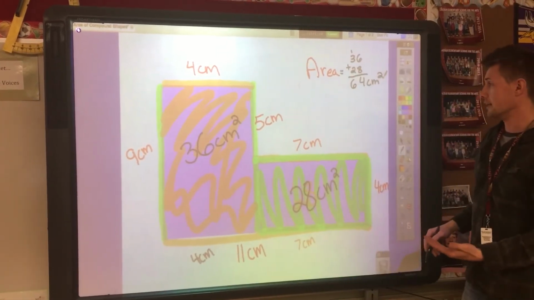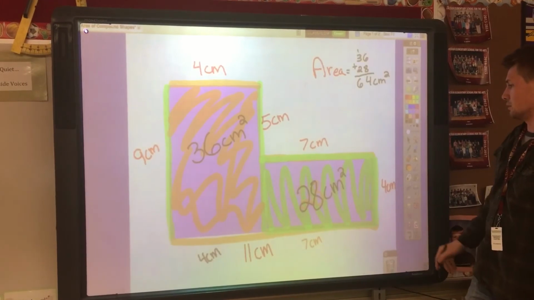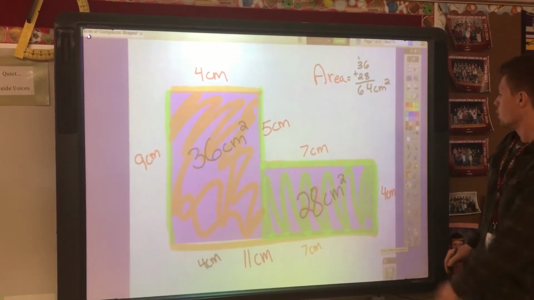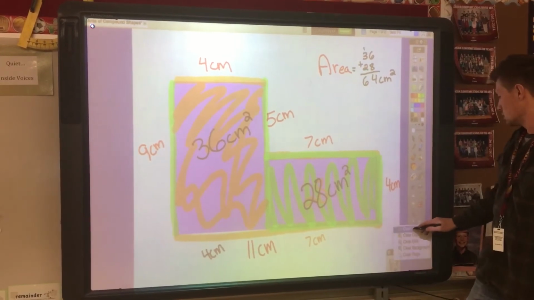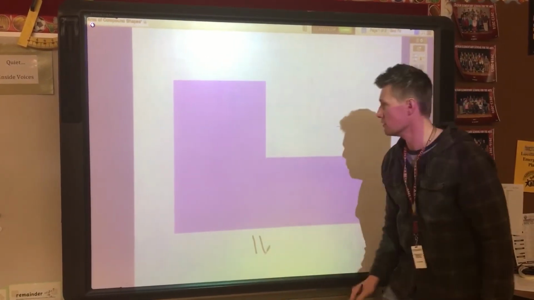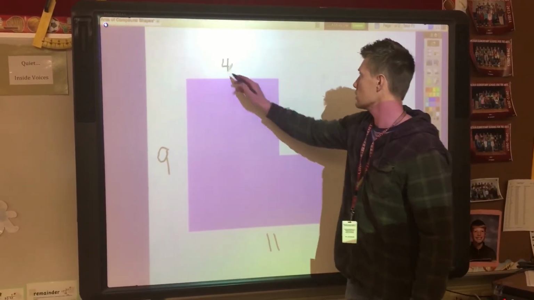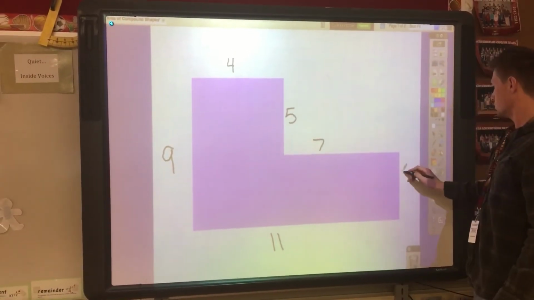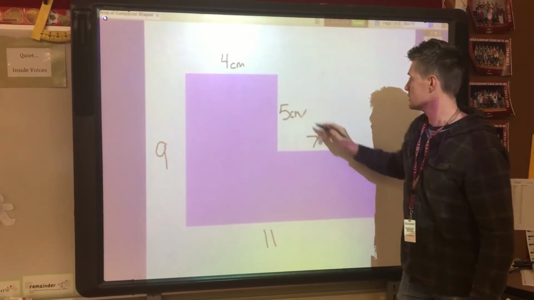That is strategy 1. Strategy 2 is if we use similar numbers or the same numbers, we are going to still have 11, 9, 5, 4, 7, 4. We'll still say centimeters.